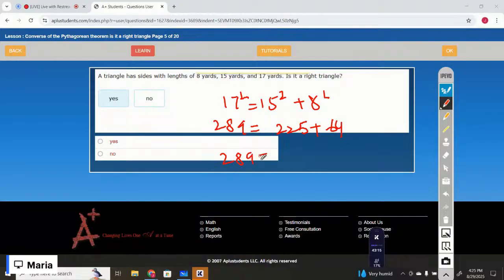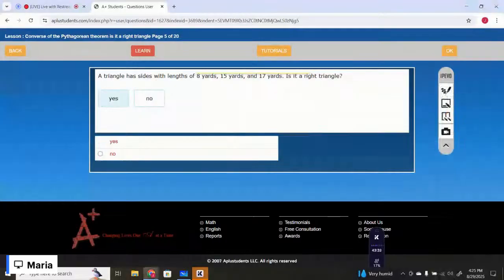So 289, both sides are exactly equal. So that means this is a right triangle. The correct option, yes, it is.